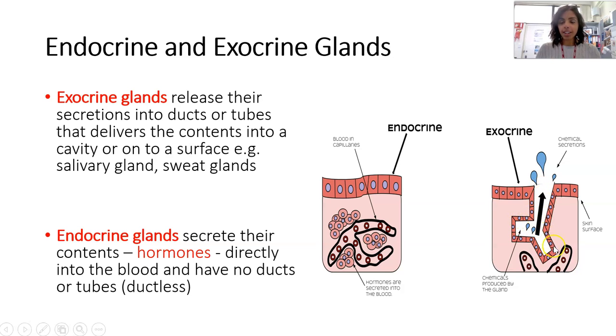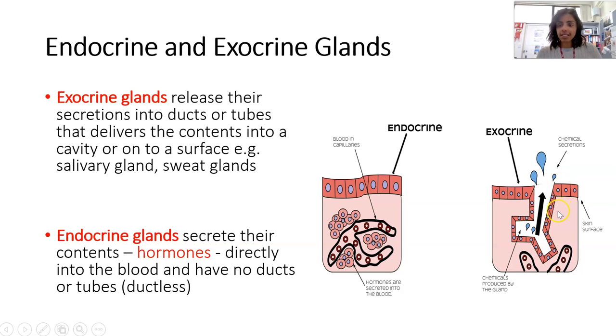So you have got a duct or a tube-like structure where the contents are produced in cells and they then enter these ducts, and then those secretions are moved out onto the surface, for example. Good examples of that would be your salivary glands, those are exocrine glands, and also your sweat glands.